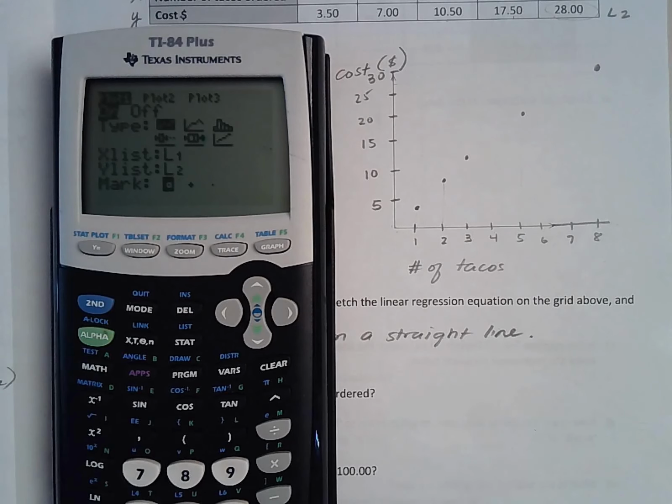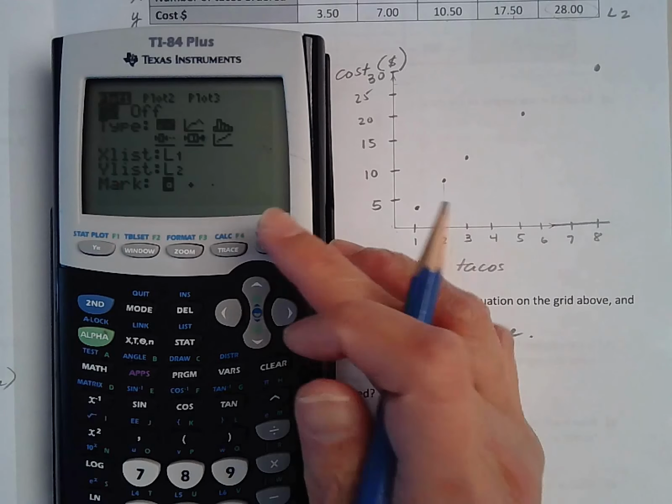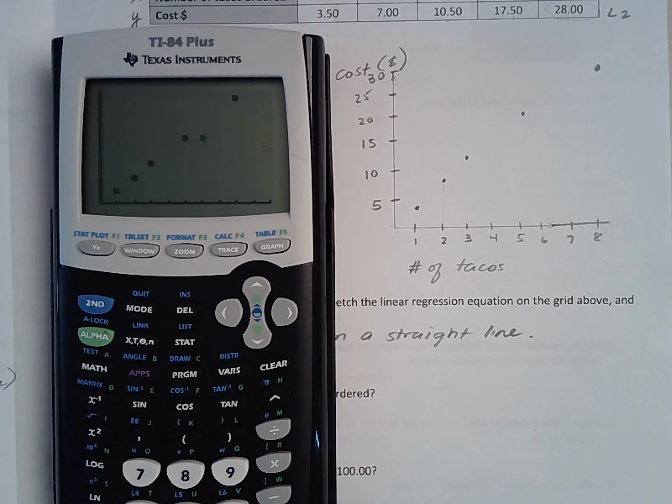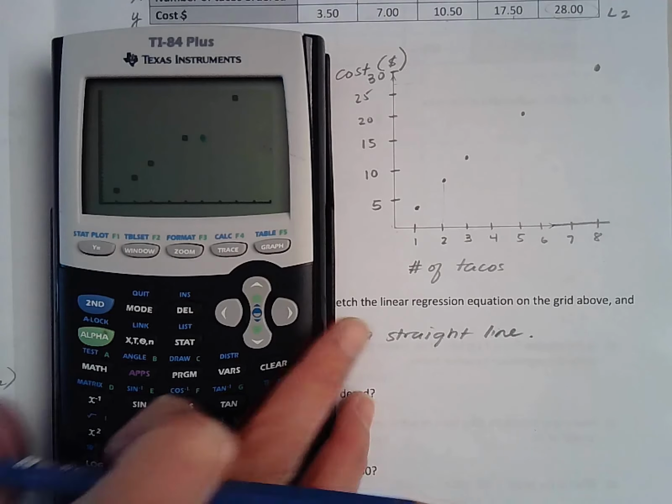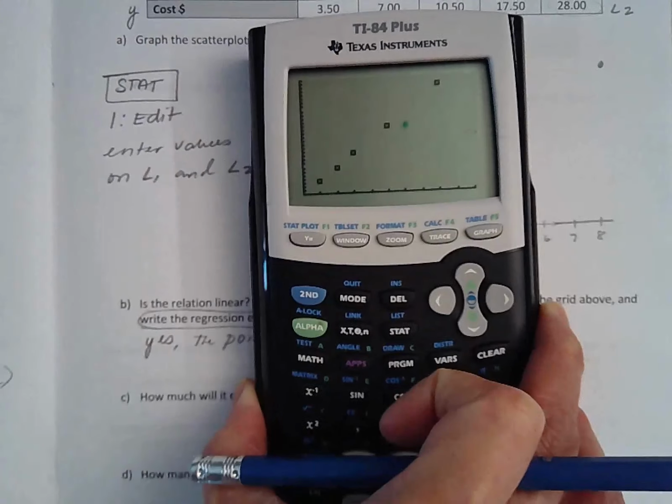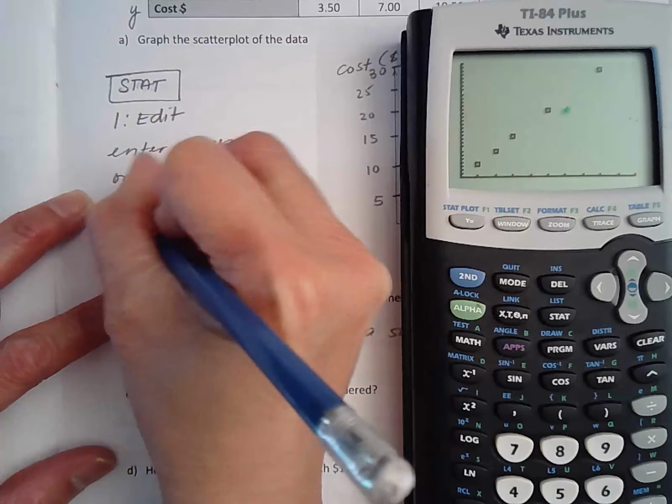Okay, I'm going to stop right here. These are our points. Is everybody at the same place? Okay. I want to see the window.